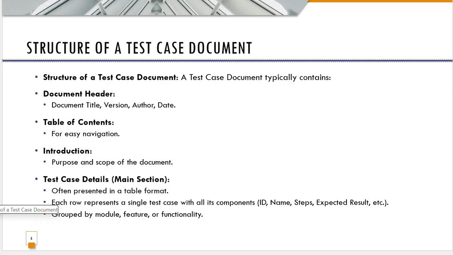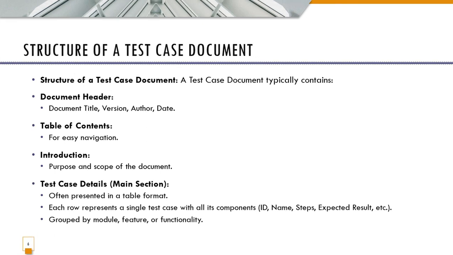You should read that document line by line and write down the test cases on the basis of it. Then the test case details in a table format. Each row presents a single test case with all its items: ID, name, steps, expected result, actual result. I'll mention all these things in the slides. Then grouped by module, features and functionality. That's the structure of the test case document.